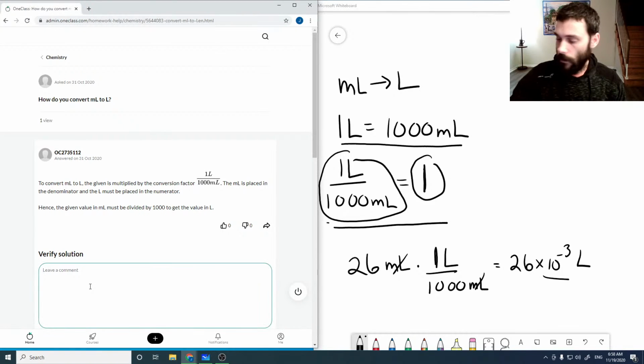Okay, and this solution is correct, which just gives the conversion of milliliters to liter by multiplying by this factor, which is the one we have here.